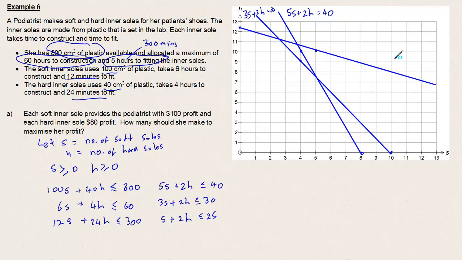And lots of space to label this one. So that's S plus 2H is 25, and that gives us this region here when we include the non-negativity as well. So it's going to be this region down here.